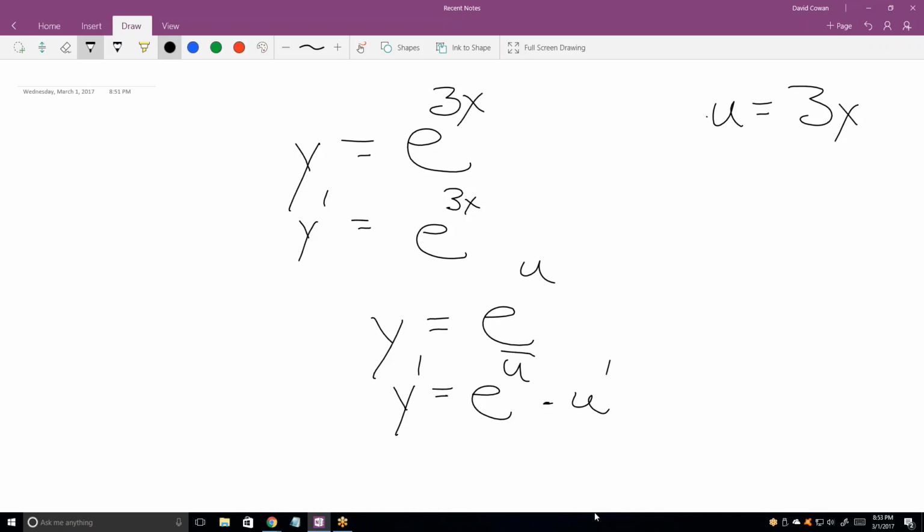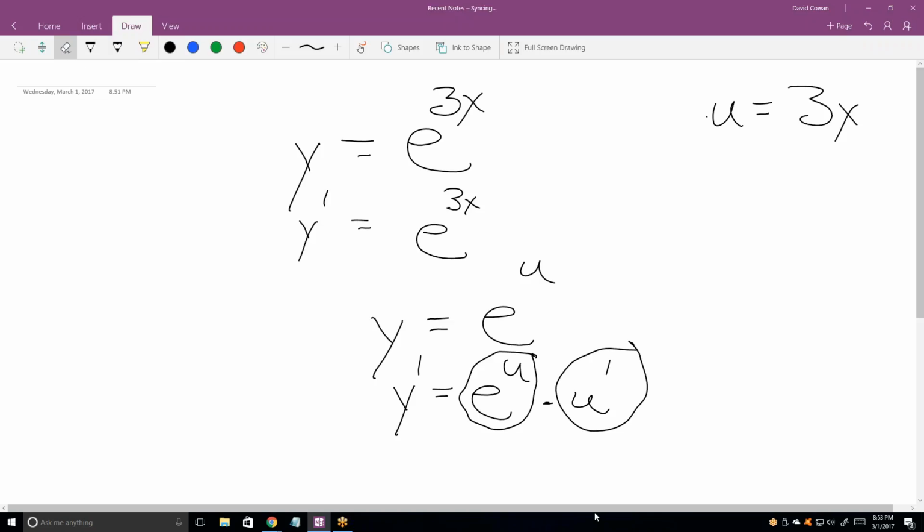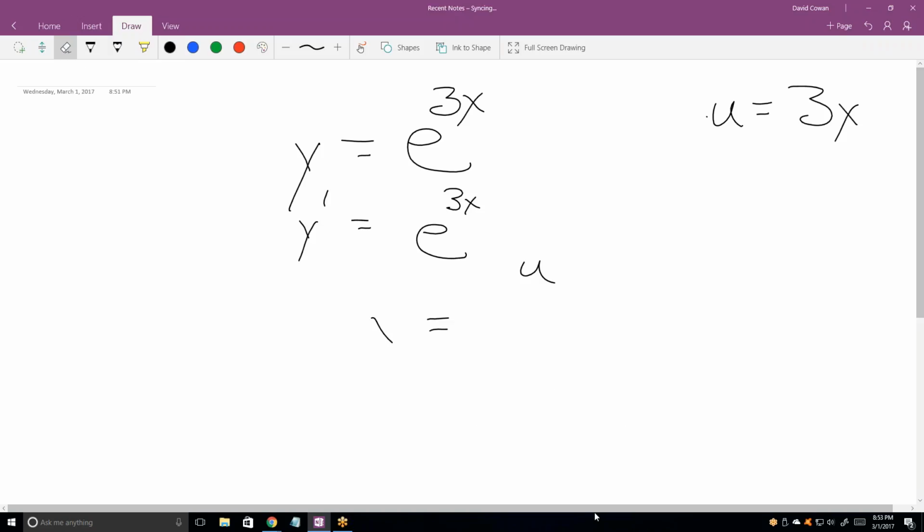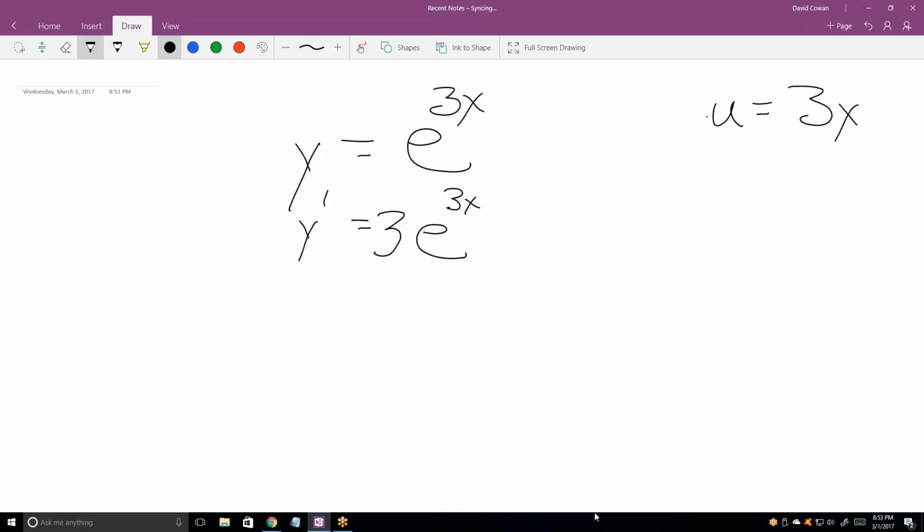In other words, the derivative of the outside times the derivative of the inside. The only thing is you have to know what the inside is, and that's not always that easy. But usually it is. Once you get the hang of it, you'll know what the inside is. So yeah, I'm multiplying that by 3.